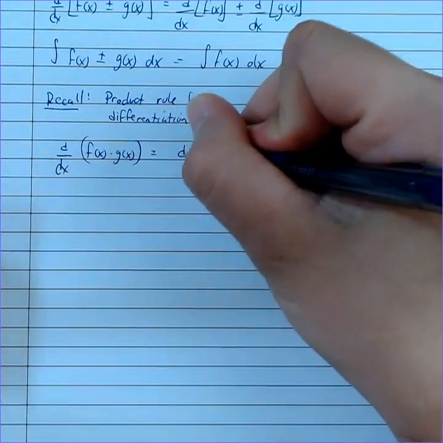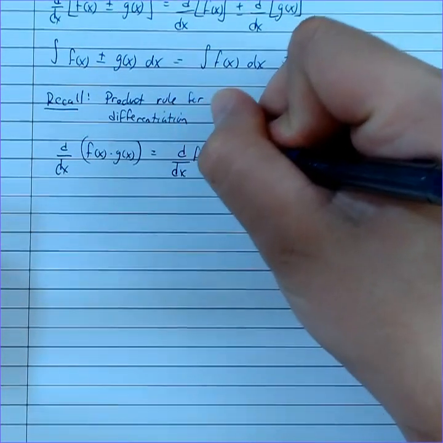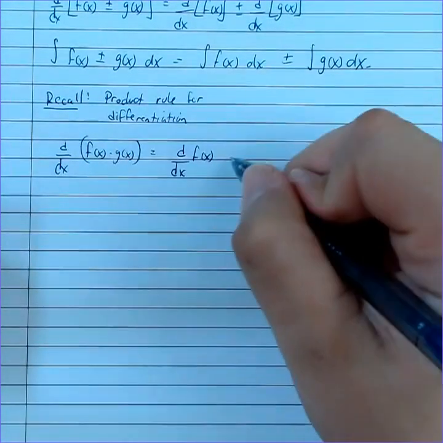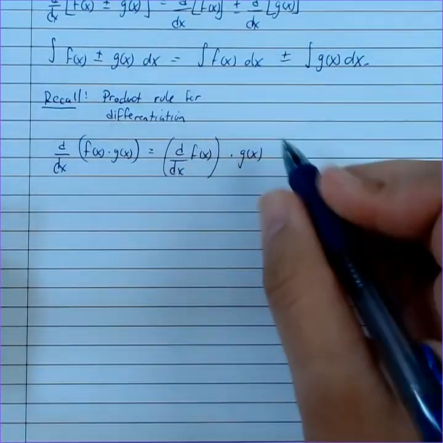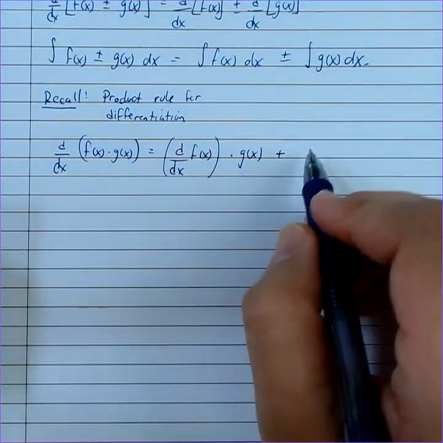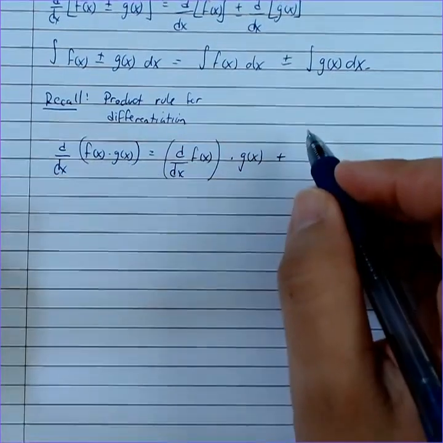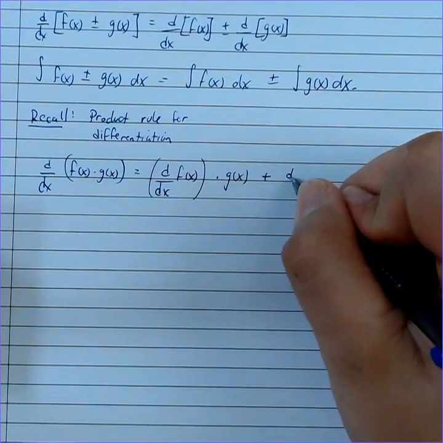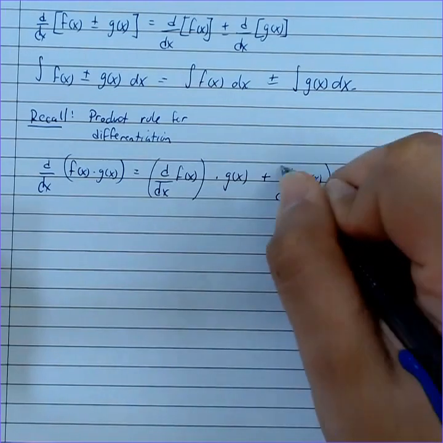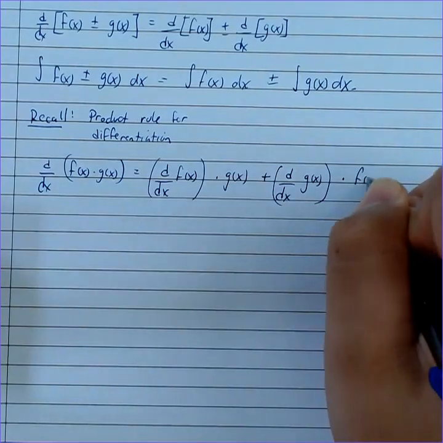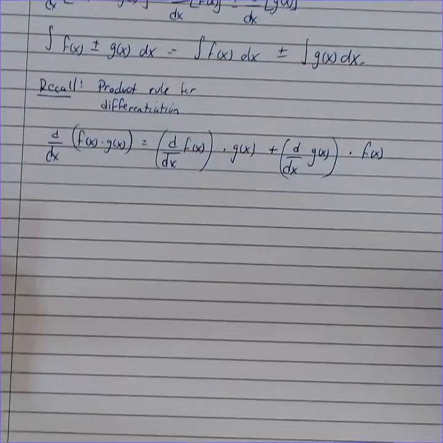So the derivative with respect to x of f, and then that's going to get multiplied times g, plus the derivative of g times f. Right? And that's the product rule.